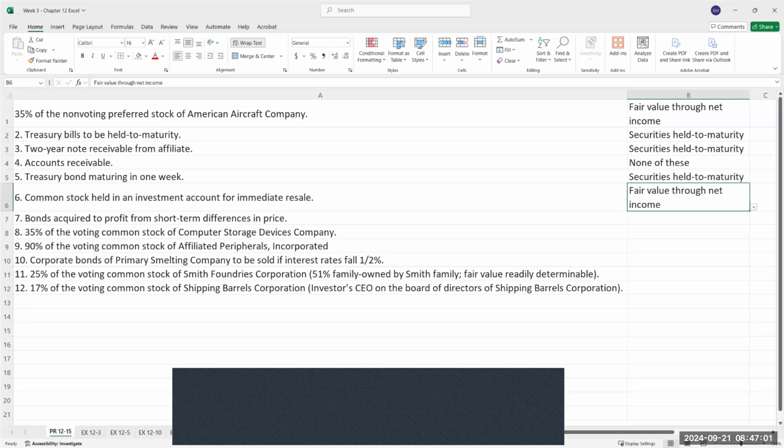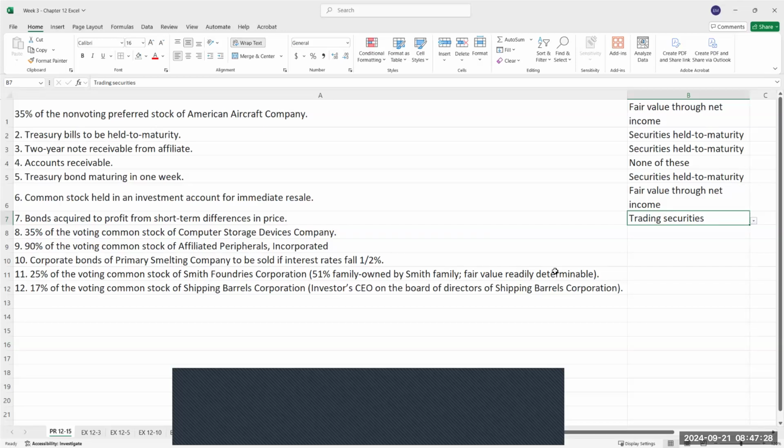And when we characterize equity investments for which we do not have significant influence, which is less than 20% of the voting stock, we approach it as fair value through net income. For number 7, we have bonds acquired to profit from short-term differences in prices. This would be trading securities. We know that we want to be able to buy low, sell high.